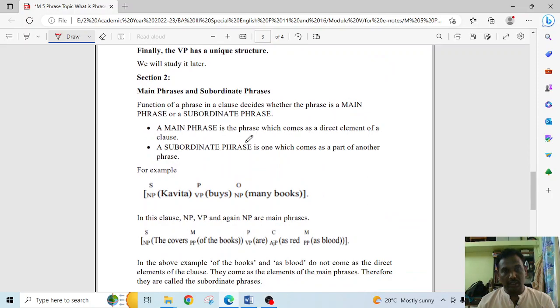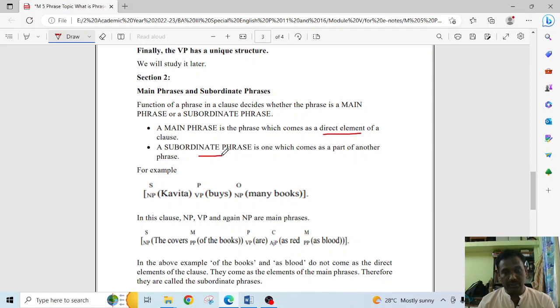Now another way these phrases are classified is as main phrases and subordinate phrases. A main phrase is in a clause, which means that it is a direct element of that clause. It means that it is an essential element, you cannot drop that phrase from that clause.